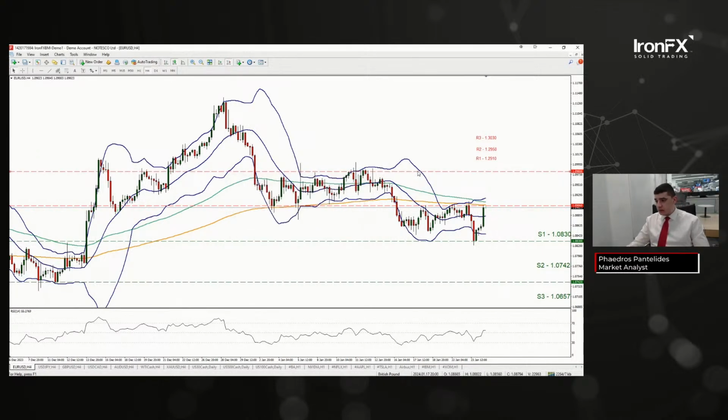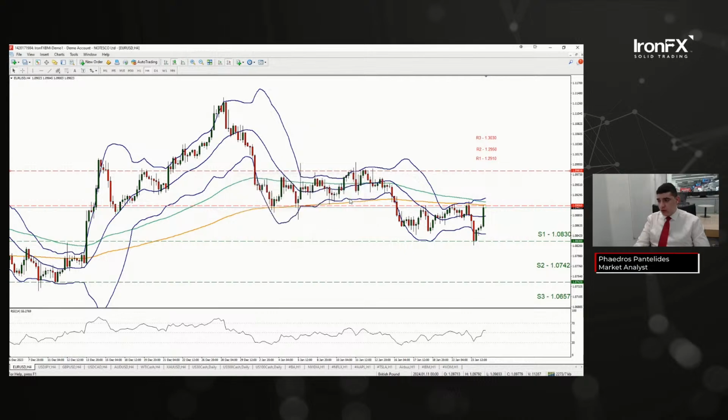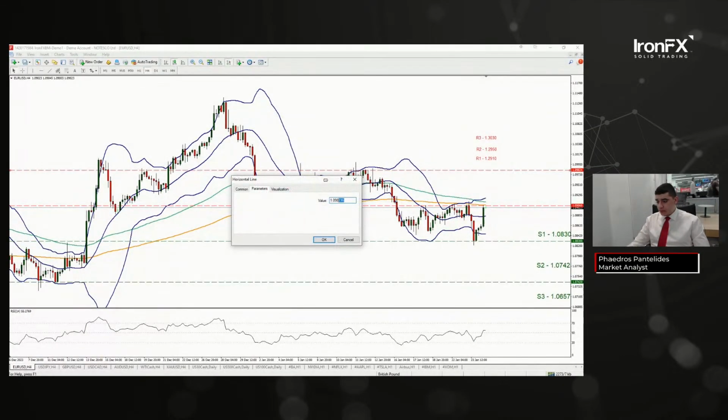1.0980, actually slightly higher, 1.0980 for our R2.